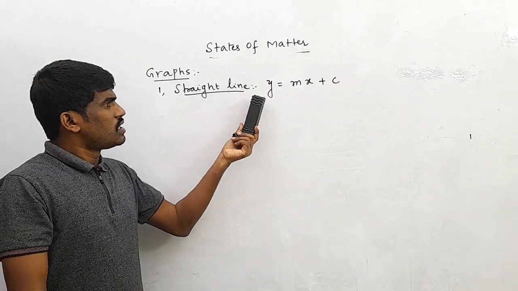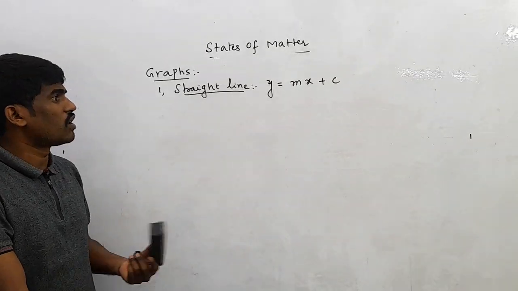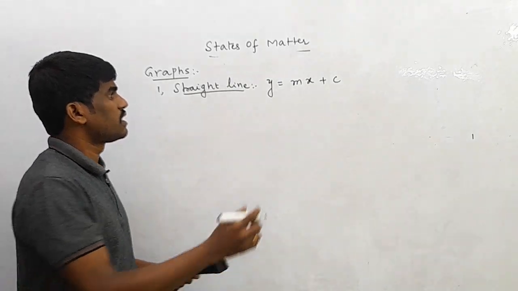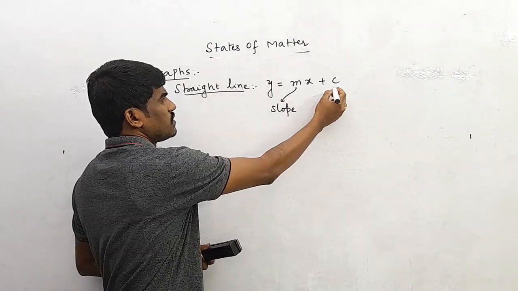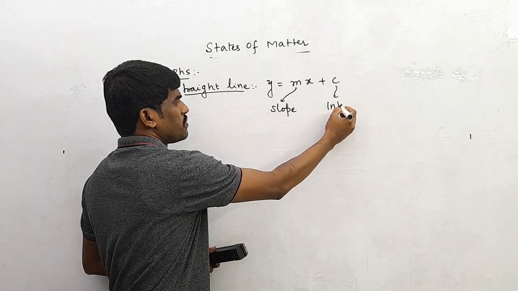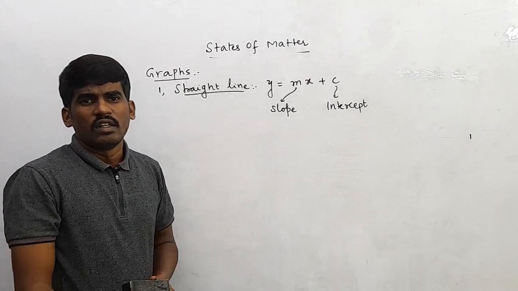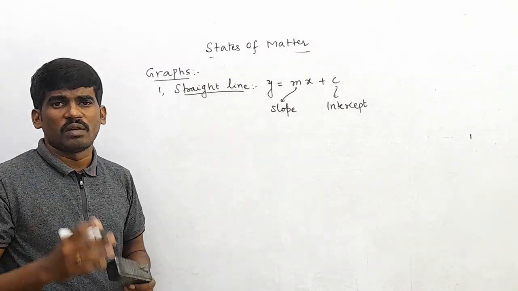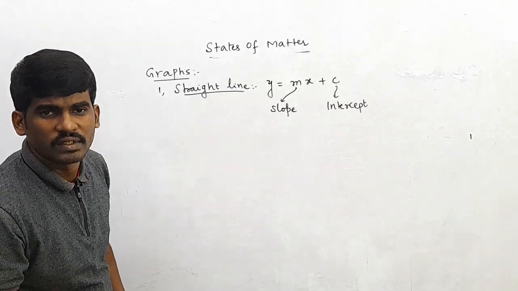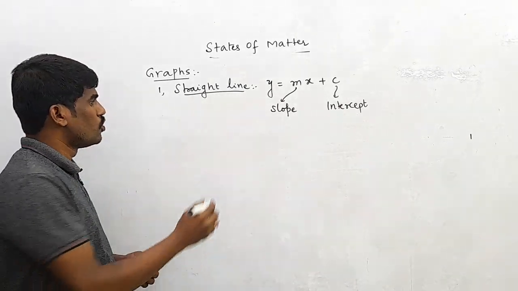Here y is the y component, taken on the y axis, and the x component is taken on the x axis, where m is the slope, whereas c is the intercept. If you observe the graph of y is equal to mx plus c, how does it look, and how do you represent the slope?